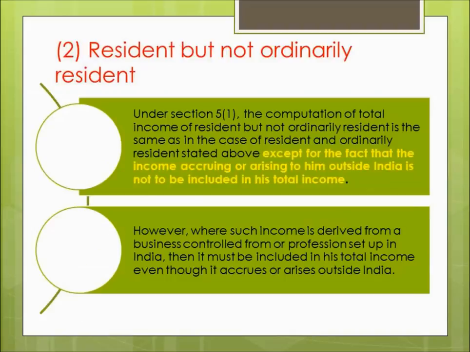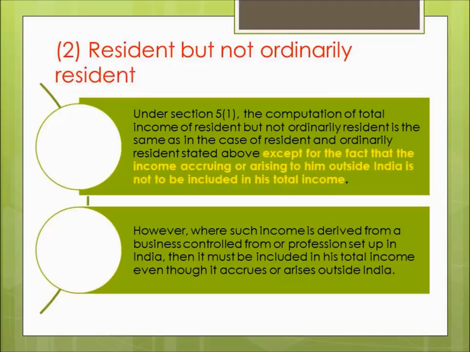Now comes the second category, that is resident but not ordinarily resident. What about their income? Under Section 5(1), the computation of total income of a resident but not ordinarily resident is the same as in the case of resident and ordinarily resident stated in the previous slide, except for the fact that the income accruing or arising to him outside India is not to be included in his total income.